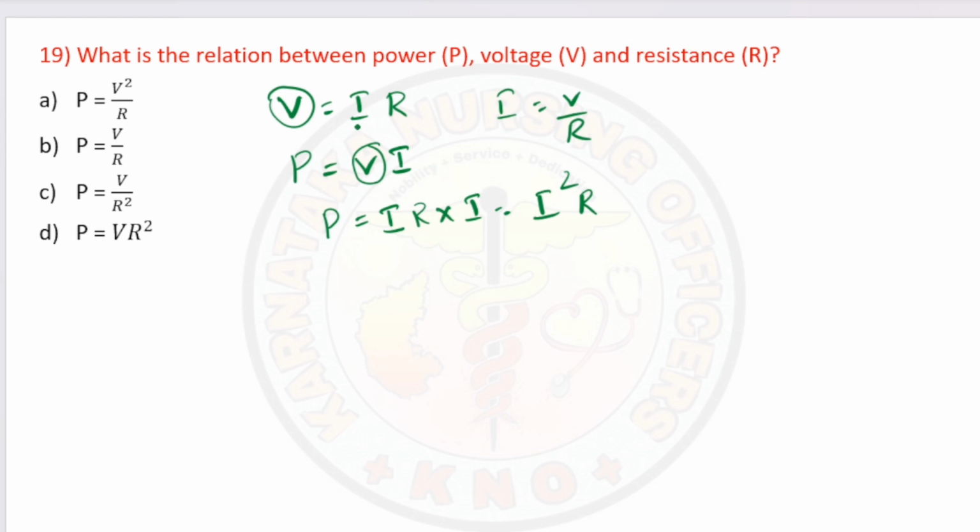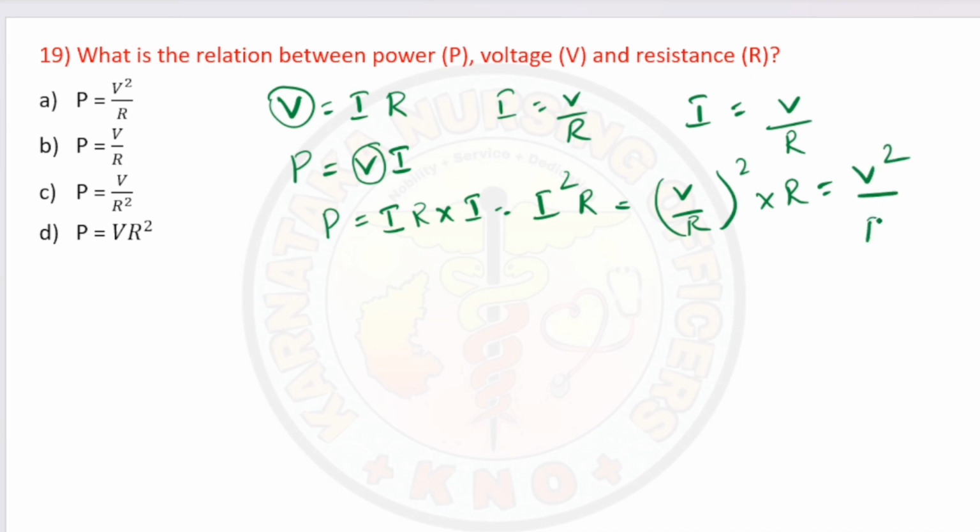Or simply, I can be written as what? V by R, correct? So substitute the I value. So I is V by R, and it is I square, so make it a square. V by R whole square into R is equal to V square divided by R square into R, right?